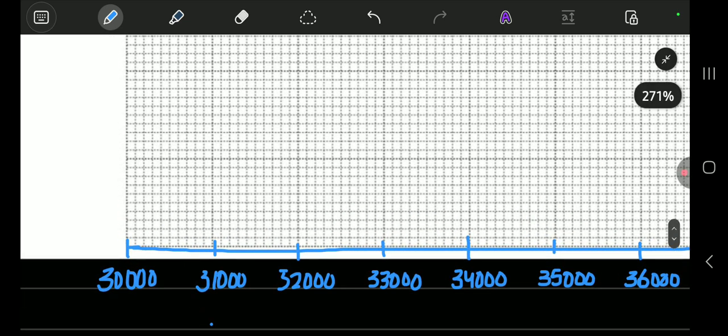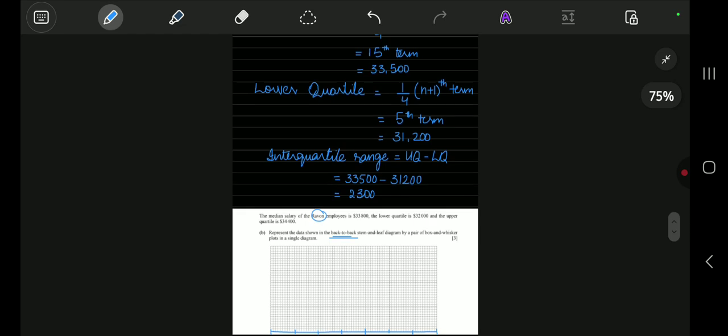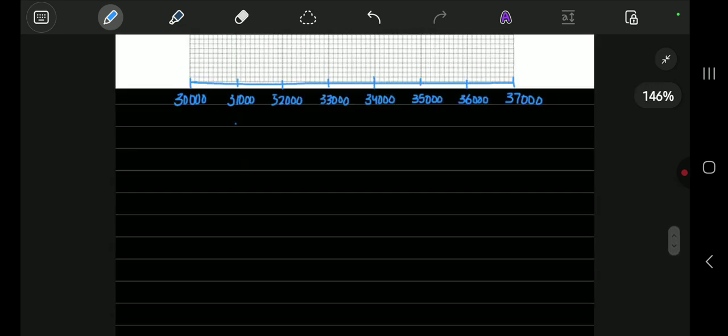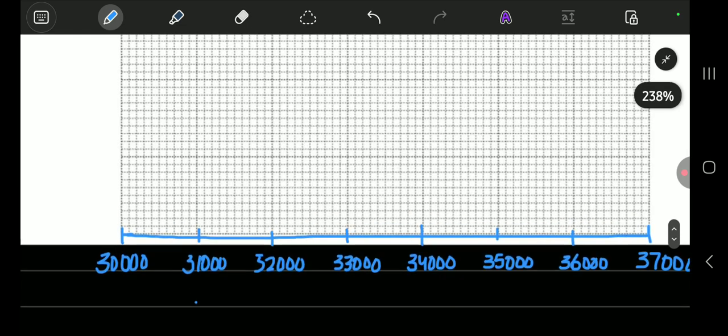So the first is for Petrol, it's 30,000 to 36,800. Okay, the first line would be 30,000 to 36,800. That would be the maximum line.